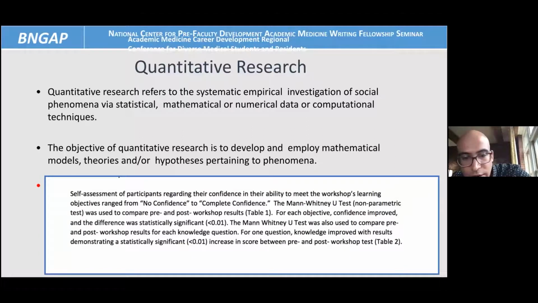This is again just to show how some of this might look in writing at the end of your project as you're getting ready to prepare your publication and submit it to MedEd Portal.